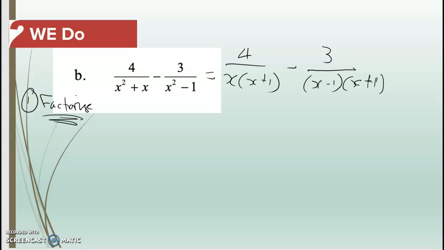So now our common denominator is going to be x(x plus 1)(x minus 1). It's got to include a factor of x minus 1, a factor of x plus 1, and a factor of x. So this first one, what's it missing? It's missing a factor of x minus 1, so we multiply the top and the bottom by that.